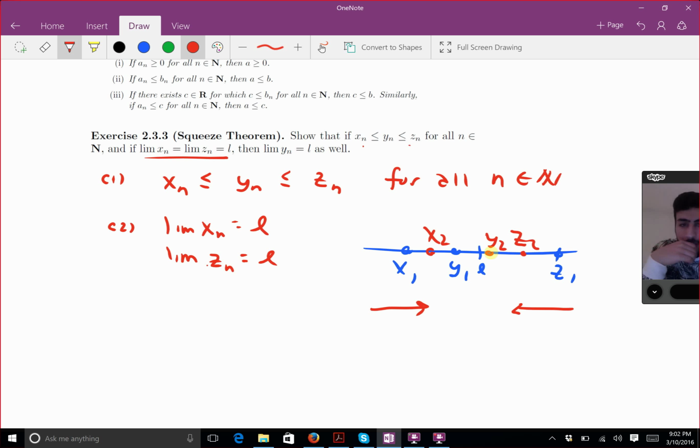So we have to prove this. The limit of x_n goes to L. What about x_2 and y_2? Well, these are just elements in the sequence. We know that z_n is converging to L, so z_1 may be here, z_2 may be here, z_3 is getting closer to L. These guys are squeezing y, forcing y_n to go to L. So now we have to prove this.